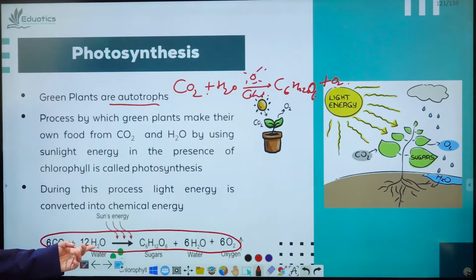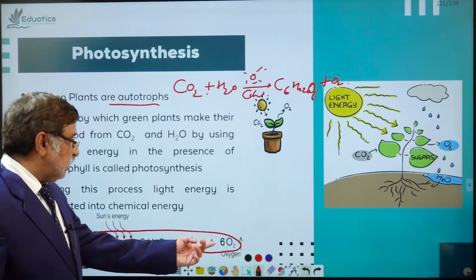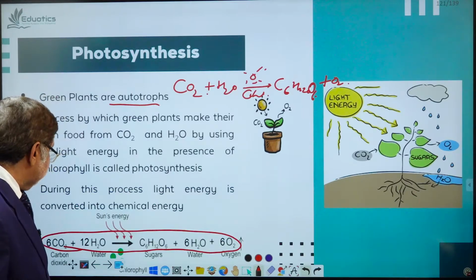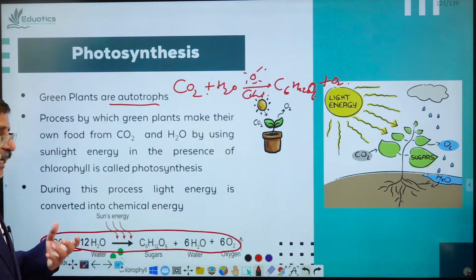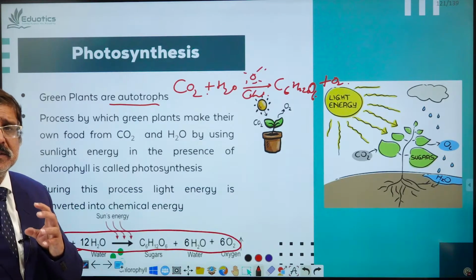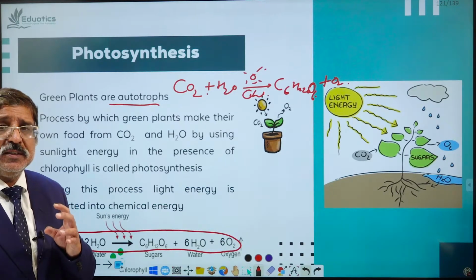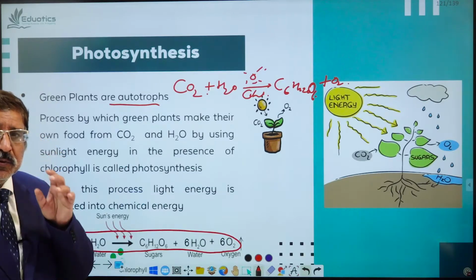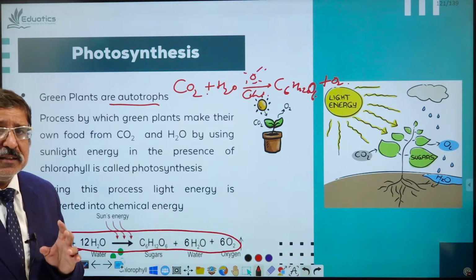Six carbon dioxide plus 12 water gives glucose plus 6 water plus 6 oxygen. So they are converting light energy into chemical energy, where glucose is formed, the bonds are formed. That is what is photosynthesis, and as I already told you, photosynthesis is carbon dioxide reduction.